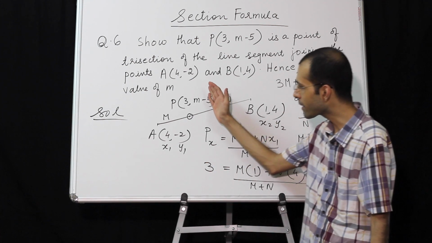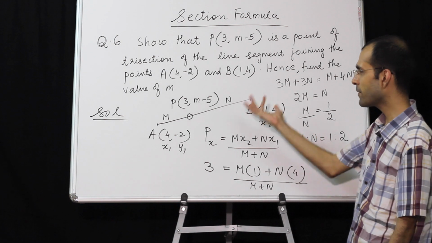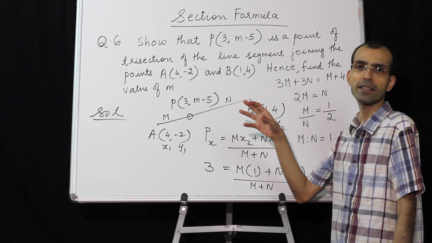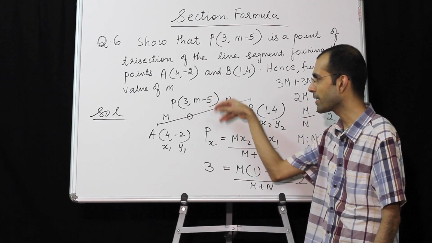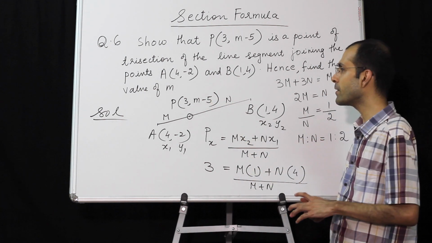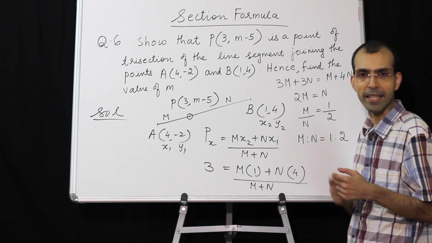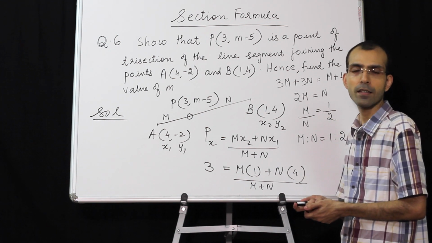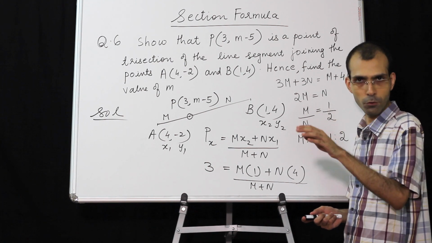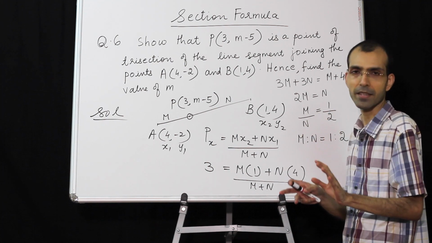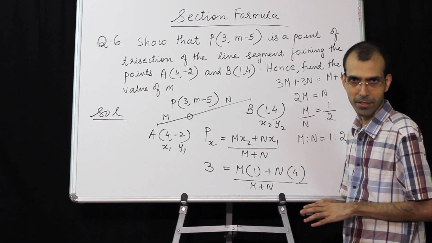So P would be closer to A than it is to B. This sum can be modified and maybe you will get the ratio 2 is to 1 if I change some coordinates here. Then also P will be the point of trisection. So remember, if you want to prove anything as a point of trisection, just work out the ratio. If the ratio works out to be 1 is to 2 or 2 is to 1 by the correct method, then that point can be called a point of trisection.